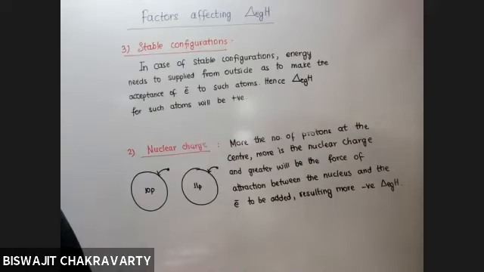But if delta EGH is positive, that means the system becomes unstable after accepting the electron, and that is why they are less stable, isn't it? After accepting the electron, if suddenly your energy increases, that means you are not stable, and nobody wants to be unstable, and therefore noble gases will show least interest in accepting the electron. Here, any doubt? Please clear it out.